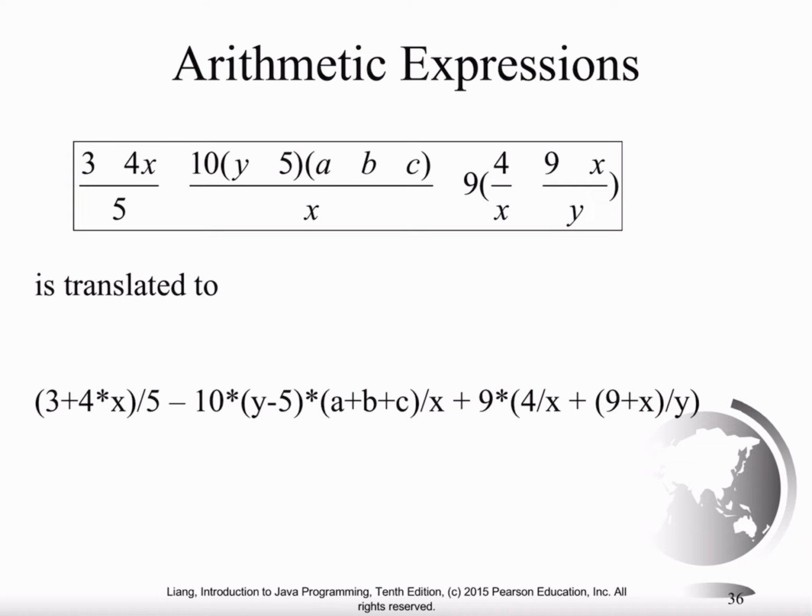Now let's talk about arithmetic expressions, which is basically the order of operations. All mathematical equations in Java need to be written in the order of operations. As we mentioned previously, it's all gathered in the word PEMDAS: parentheses, exponents, multiplication, division, addition, and subtraction. If we want to translate this mathematical equation to Java, first of all, it's crucial to use parentheses.